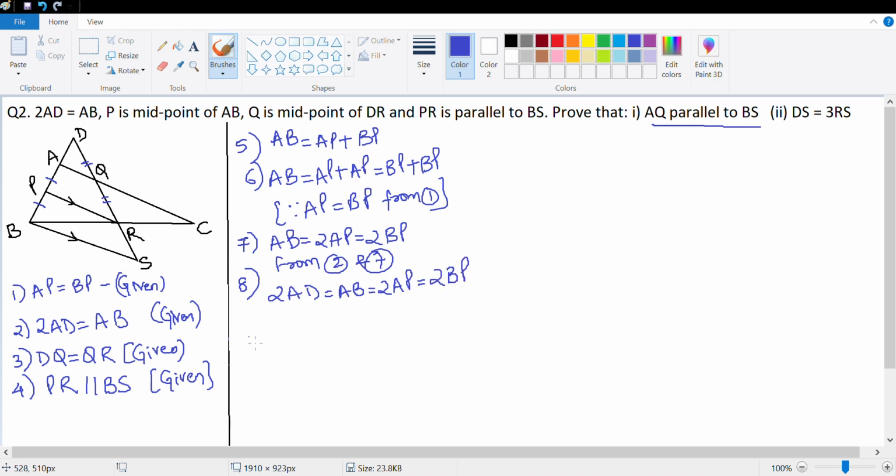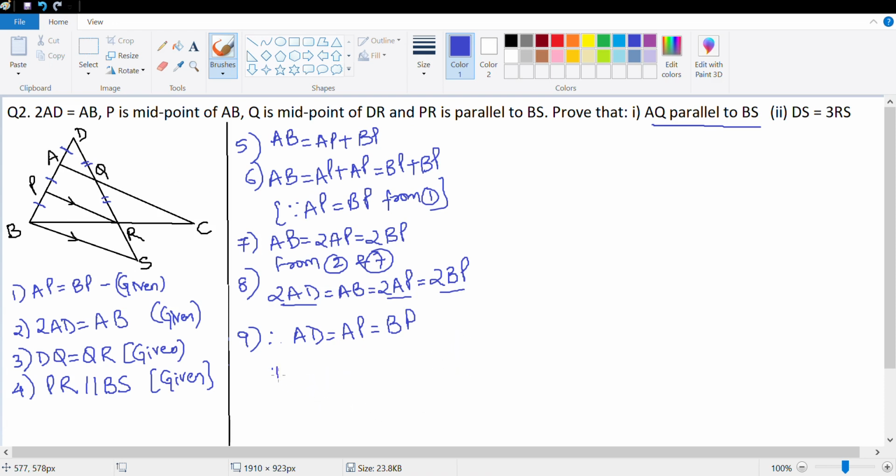So what I get is number 9. Therefore, AD is equal to AP is equal to BP. So let me just put a single line here. Now I've got AD is equal to AP is equal to BP.